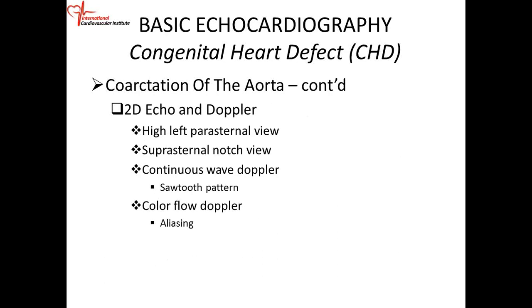But the echo is crucial in making the diagnosis. When you use your two-dimensional echo, look at the high left parasternal view or the suprasternal notch view. Suprasternal notch view is crucial. You have to know what your normal descending aorta Doppler looks like.